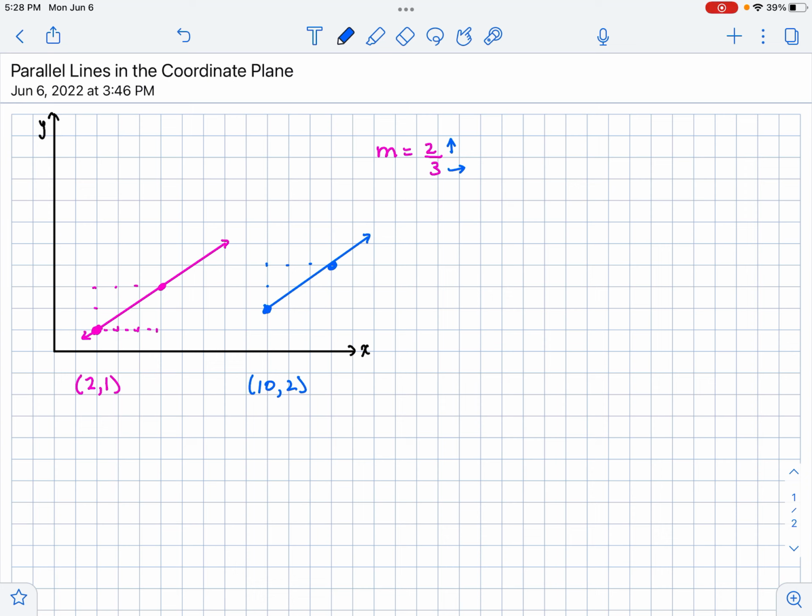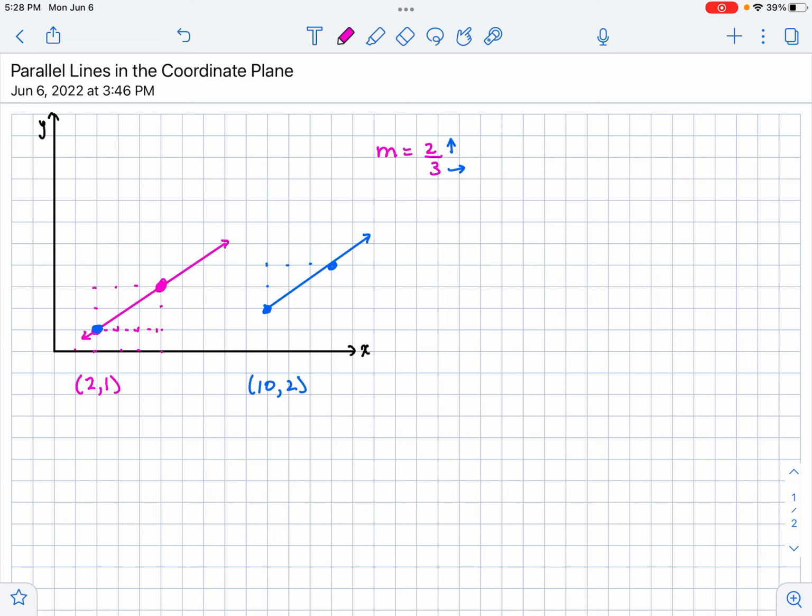Now, this line here had a point (2, 1), and then we went over and we get a new point right here. And it's, let's see here, 1, 2, 3, 4, 5, and up 1, 2, 3. So this is the point (5, 3). Now what I want to do is find the slope.